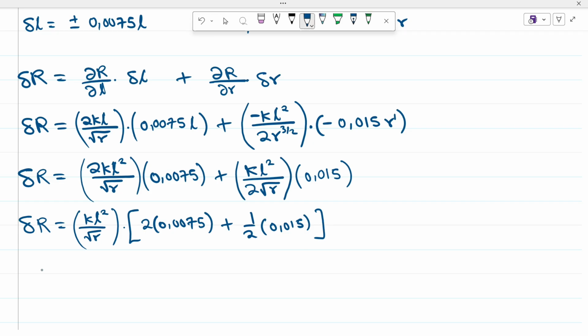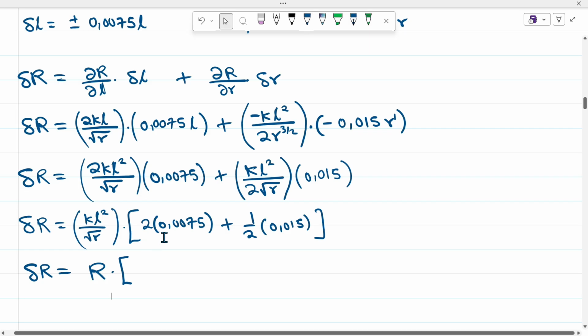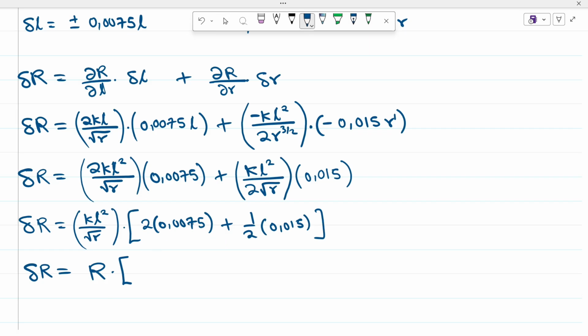So the percentage change in r is R multiplied by what? You're going to use your calculator to press this, and then you will see that you will get something like 0.0225, just like that.